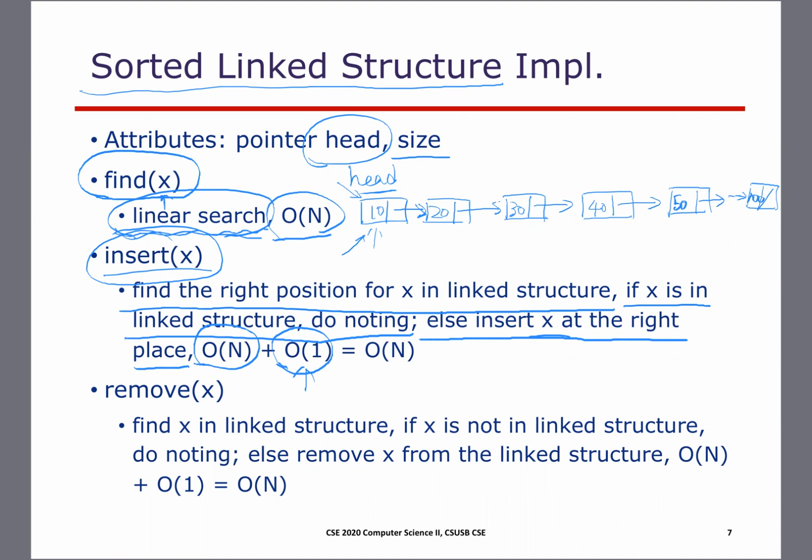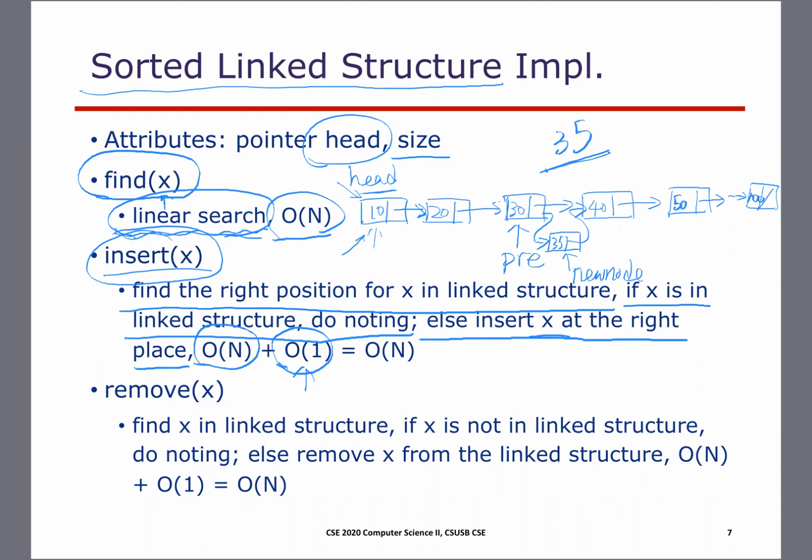Now assuming we want to insert 35. We use the pointer pointing to the node that is smaller than 35. And then we just create a new node, the new node's next points to the previous next, and the previous next equals the new node, 35.